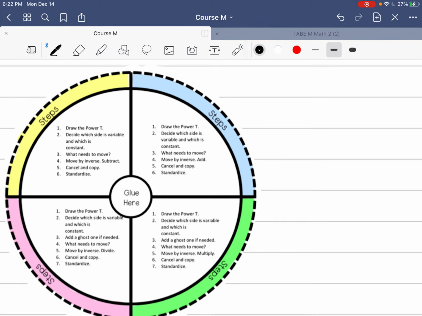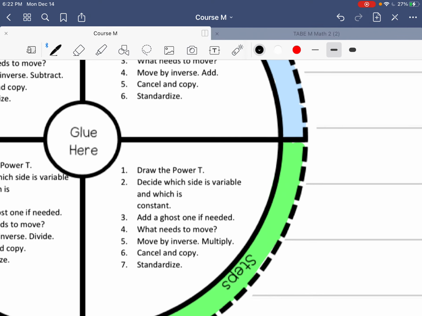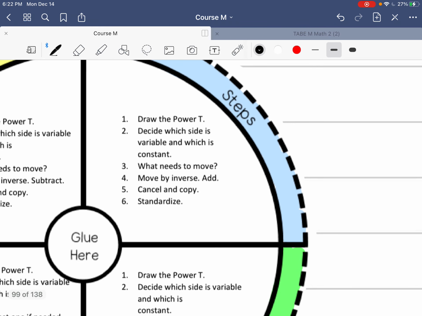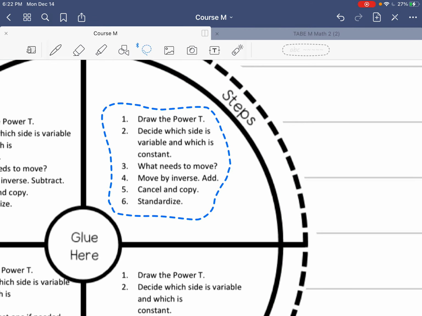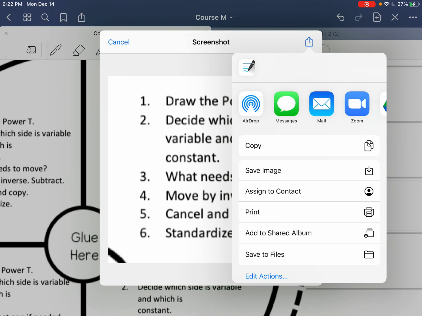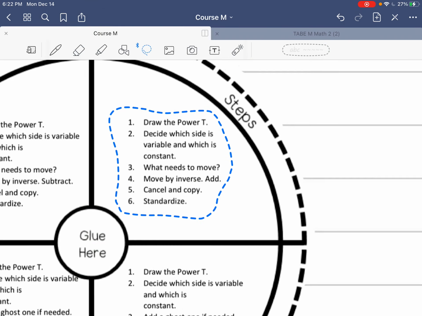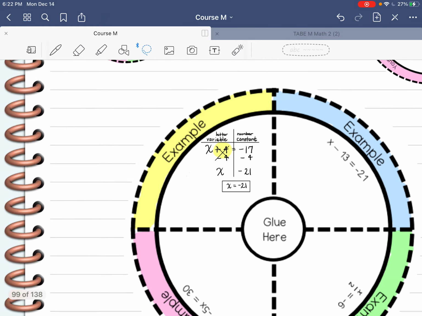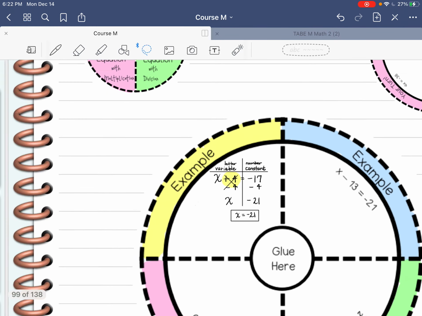So let's go down here to the piece that has the steps, and I'm going to copy my steps, because these are there to help you if you're the type of person who likes a list. Some people like to have their steps written down in order.